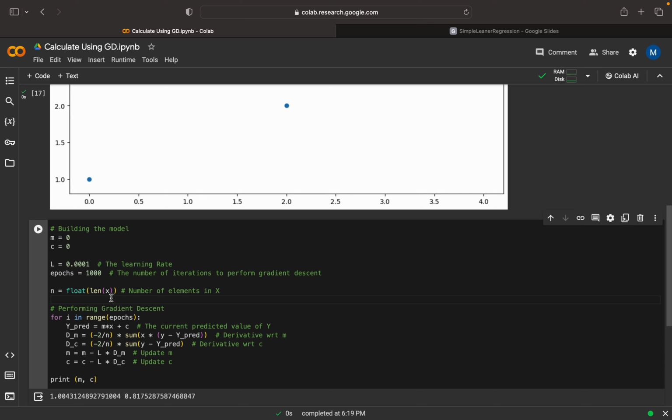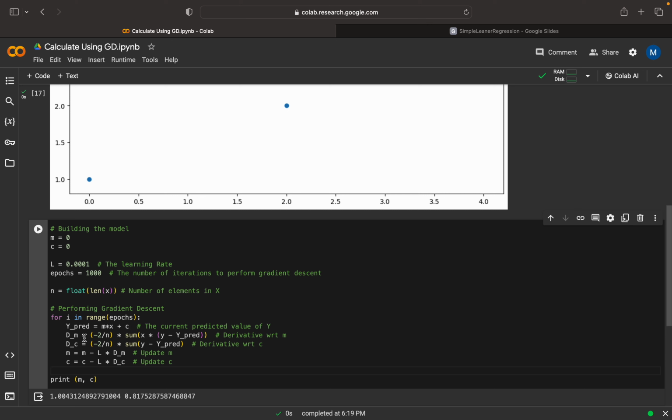Now I am taking the number of points, n. See this loop: we are continuing 1000 times, calculating y predict with m and c. Initially m is 0 and c is 0.